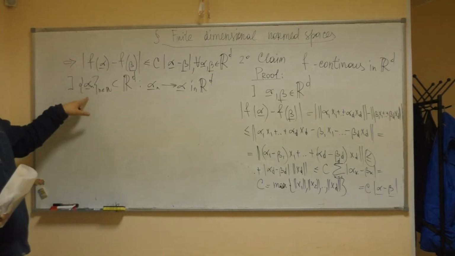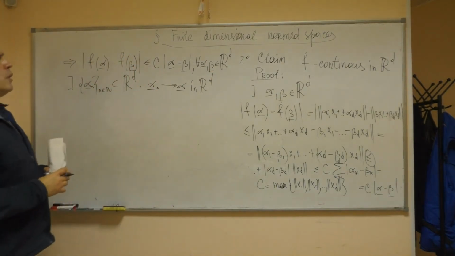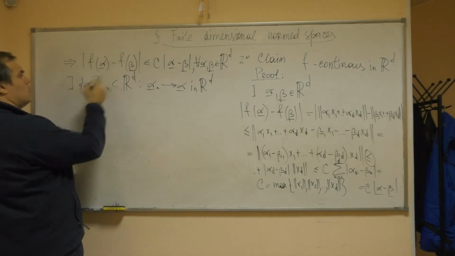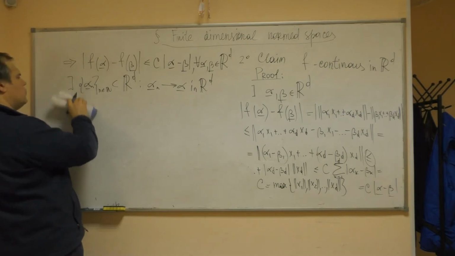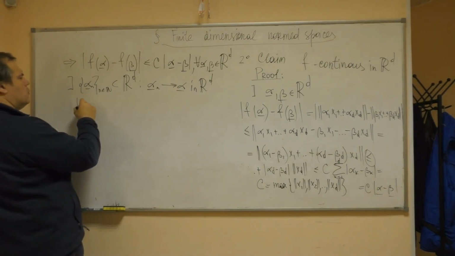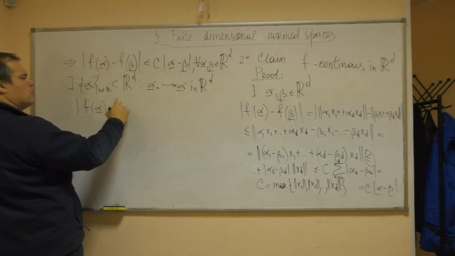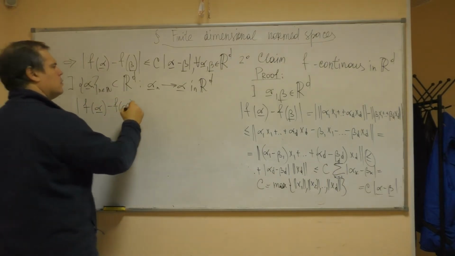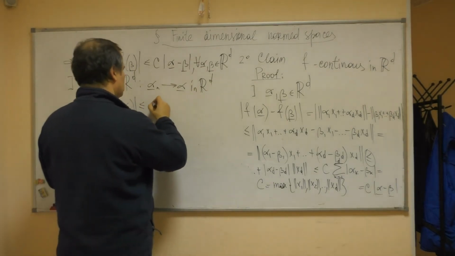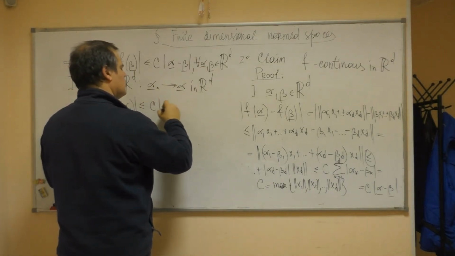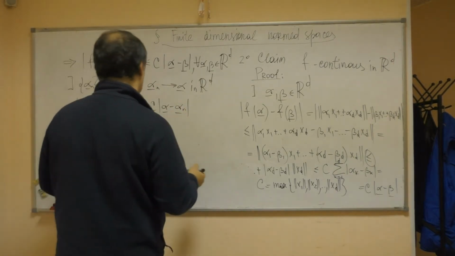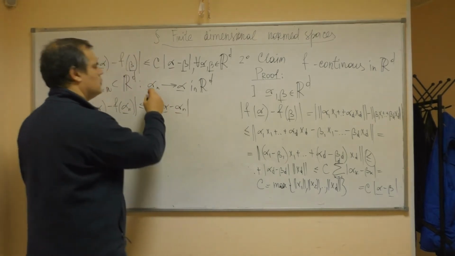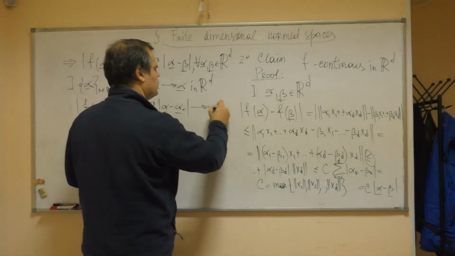Consider a sequence that converges to alpha, then put in here alpha n instead of beta, we can write convergence means what it is.